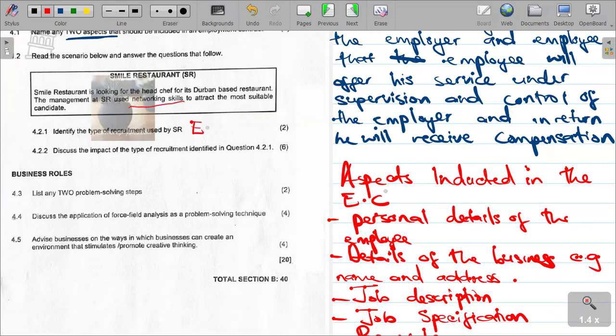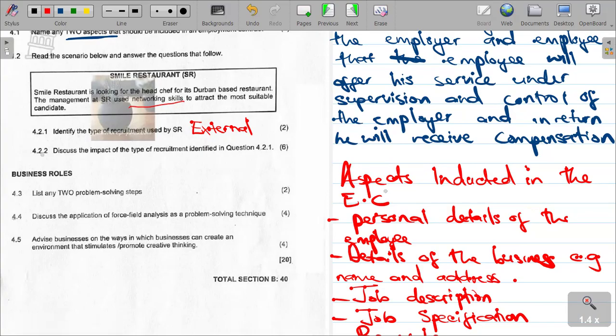That's an external. An external is recruiting from the outside the organization, right? That's what you call external source of recruitment, right?